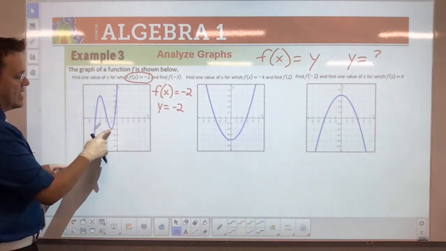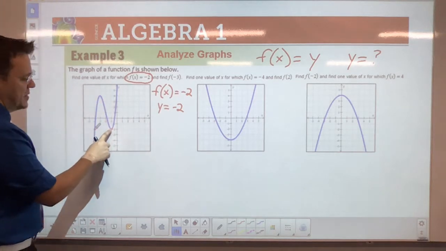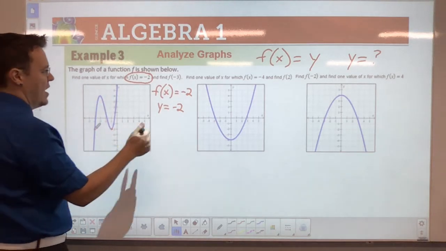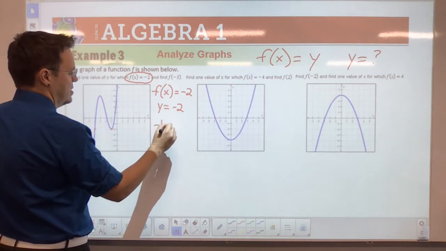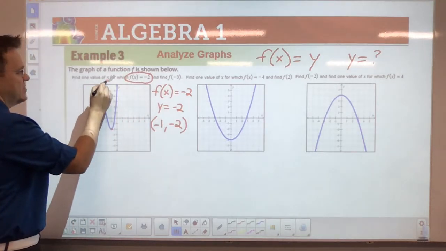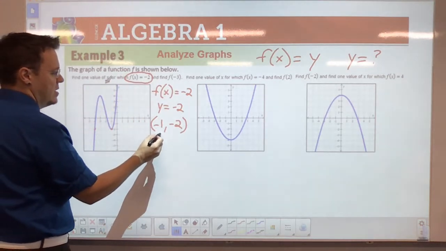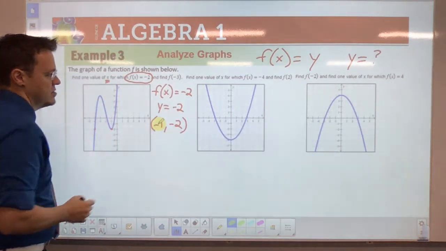It's going to be the one that has a little, this is the minimum. Remember, we have already talked about this a little bit. A minimum or a maxima here. This is a minimum, so your point would be -1, -2, just like that, okay? So when it says find one x value, your x value would be what? -1. So I'll highlight that one real quick. Okay, hopefully you guys understand.